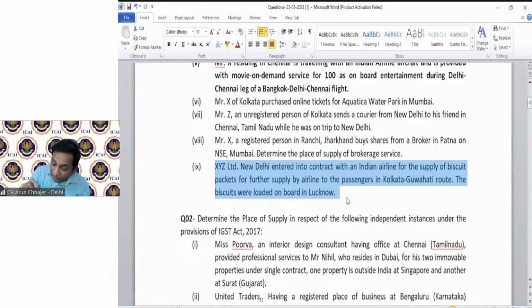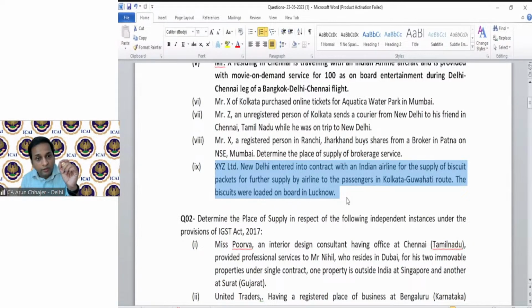Now, if it is goods, then it will be covered by section 10. And section 10 says the location at which goods were taken on board a conveyance. As per section 10, subsection 1, clause E, it simply says that the location at which goods were taken on board.